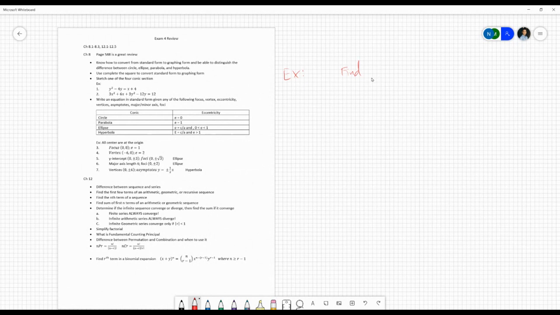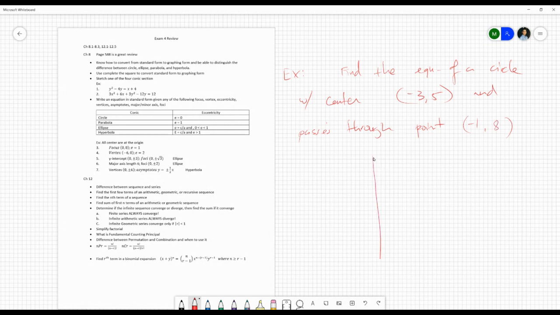Find the equation of a circle with center at -3, 5 and passes through a point. Give me a point, a random point. -1, 8. Okay. All right.